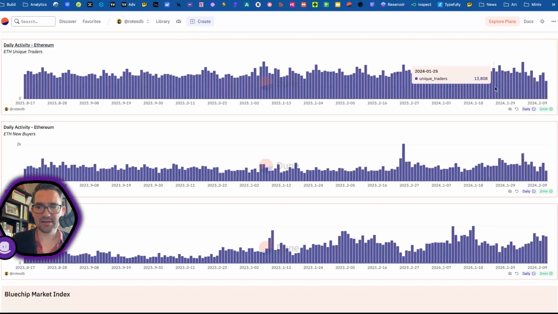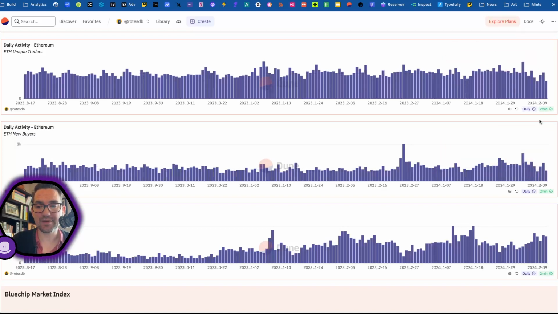Unique traders also down here in the last few days. So just really wanting to pay attention to these. Of course, Ethereum and mainly Bitcoin have had a bit of a surge. So in those type of events, we do see maybe a little less action on NFTs and more towards crypto, right? And it has been Bitcoin leading the way for the most part, with Ethereum also increasing, but generally speaking, very strong for both.